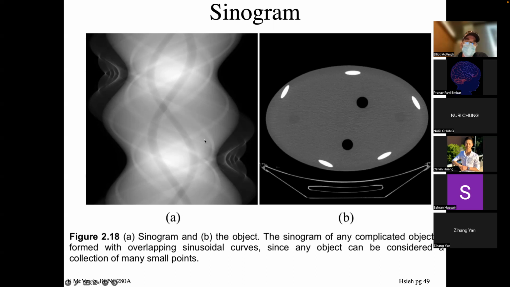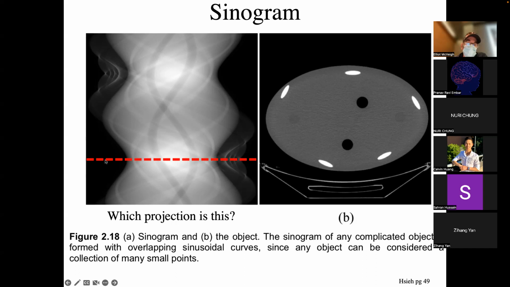This data is g(L, theta) for this object. Theta is in this direction and L is in this direction. For each theta value, we can just draw a line across here and look at the projection through this object, which gives us this g(L, theta). And it's called a sinogram.